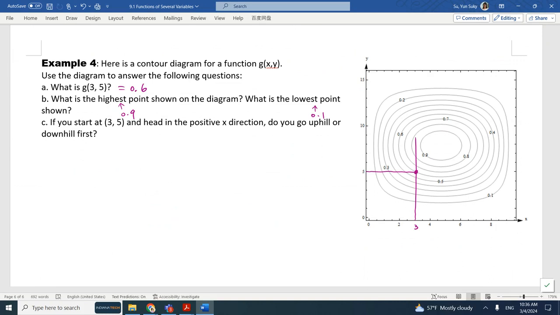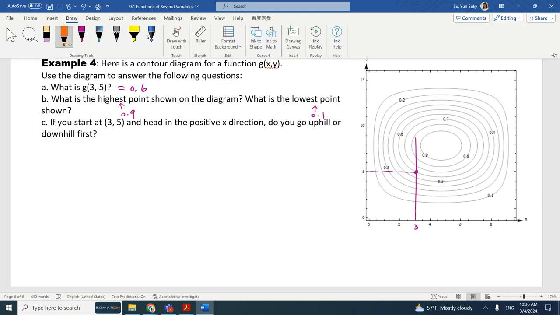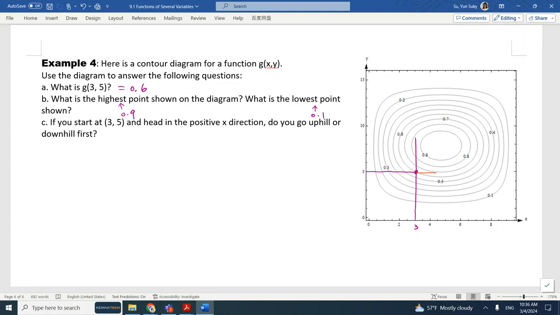Okay, if you start at 3, 5 and head in the positive x direction, do you go up here or down here first? So you go to the positive x direction. Do you go up here or down here? Your height is increasing or decreasing? Yes, everybody.